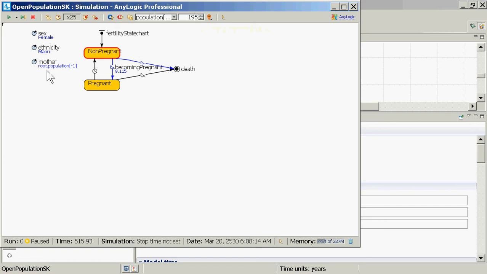Okay? So you notice that AnyLogic gives names to the people in the population according to their position in the population. And if the person is gone from the population, we still may maintain information about them, but they're given this population member -1 indication. That means they're no longer in the active population.